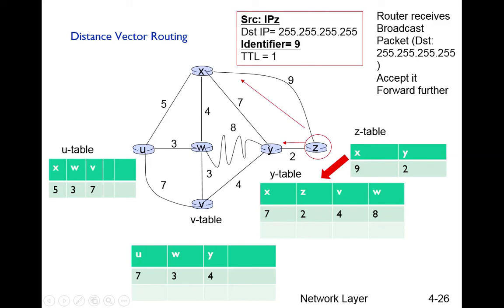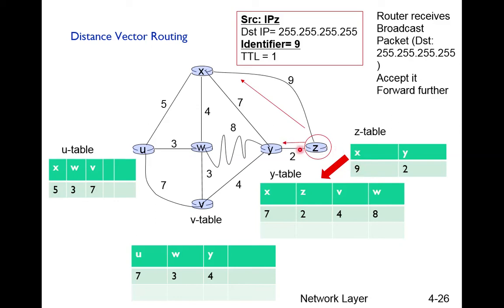it means that Y will use this information, that at node Z, Z can reach X. Node Z can reach X. Now Y will know that Y can reach Z. In the Y table, the path length from Y to Z is 2, and from Z to X in the Z table it is 9.